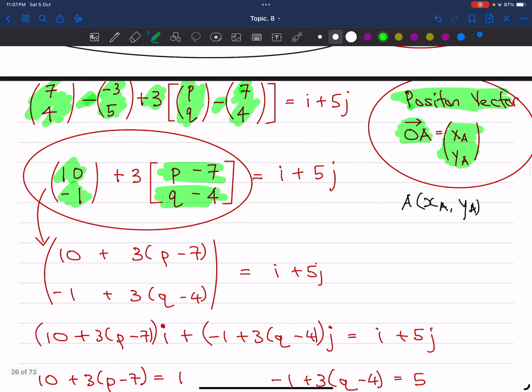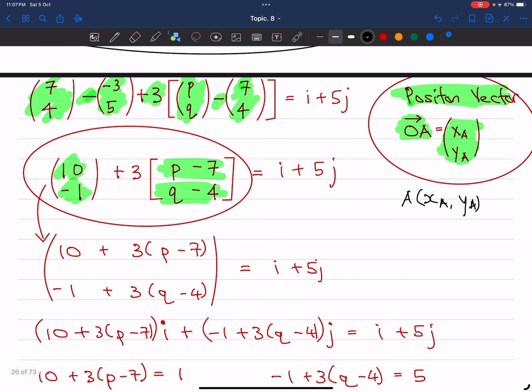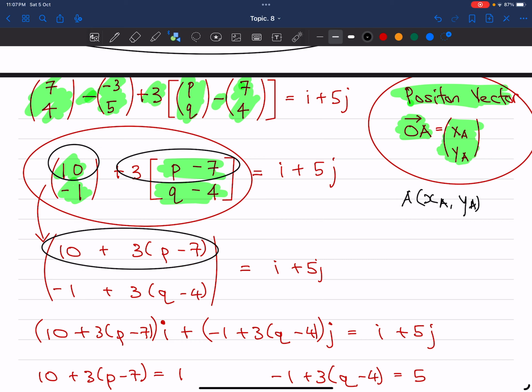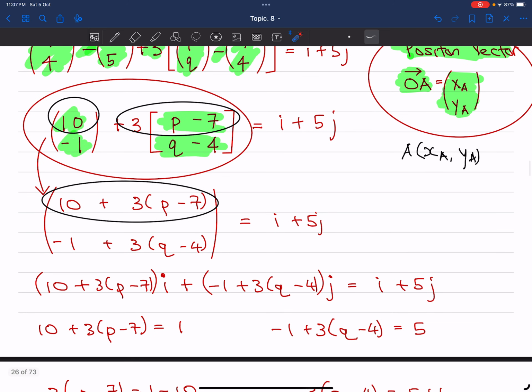So now we are going to add: 10 plus 3 brackets p minus 7, which is what I have done here. And the bottom part, negative 1 plus 3 brackets q minus 4. This is the top part and the bottom part.